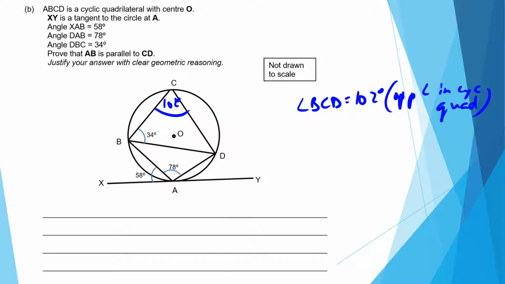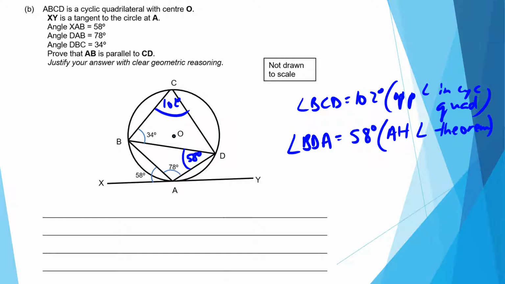Angle BDA equals 58 degrees as well. Angle BDA equals 58 degrees. And that's because of what we refer to as the alternate angle theorem. And if you want a bit more explanation of that, then you might need to catch up with your maths teacher, because I haven't got space for it here.